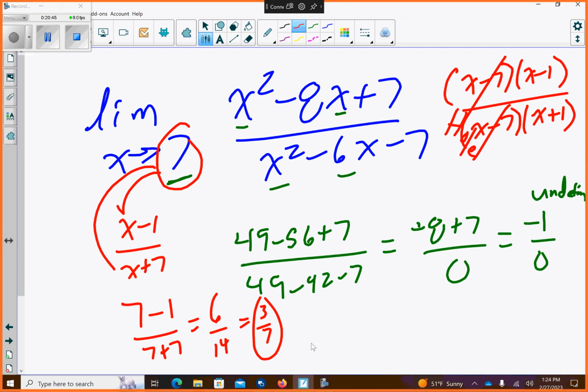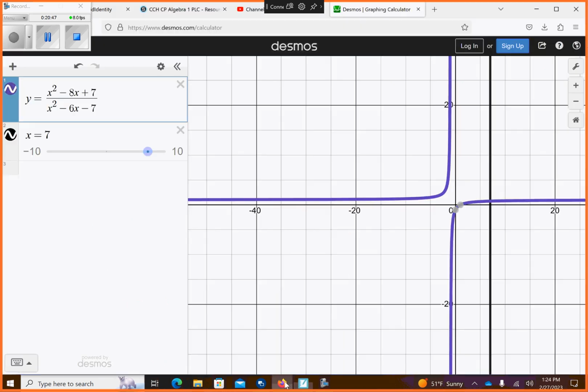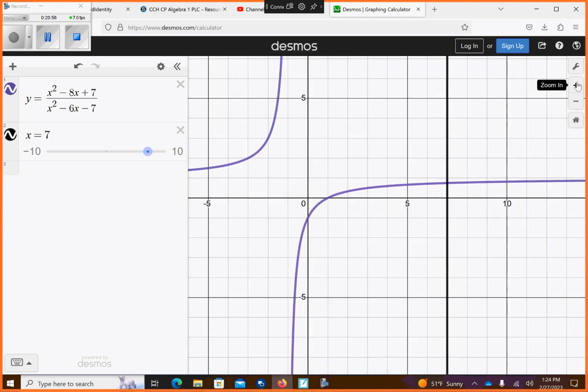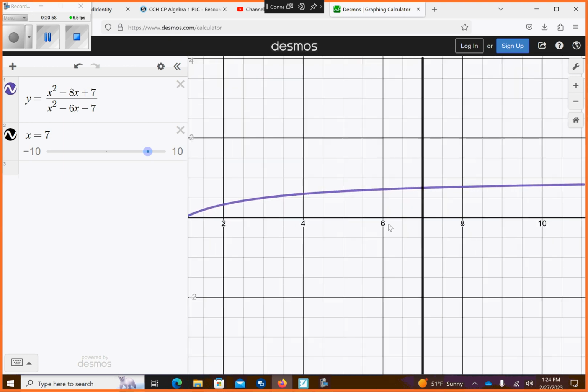So where would I get that from? I'm just trying to think on my graph on Desmos. I'm going to zoom in on this, see if we can exploit this a little bit.